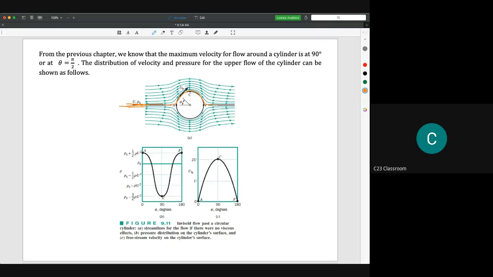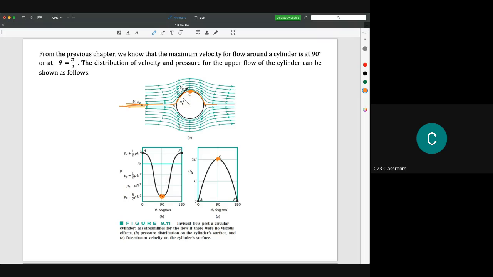At this point, the velocity becomes the highest. When the velocity is the highest, the pressure becomes the lowest.